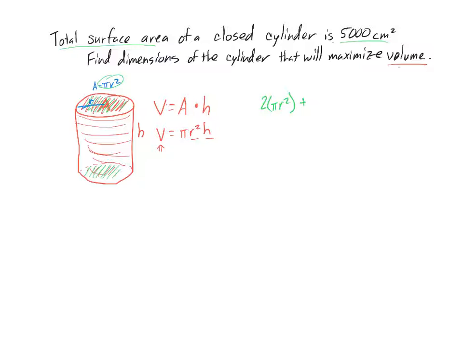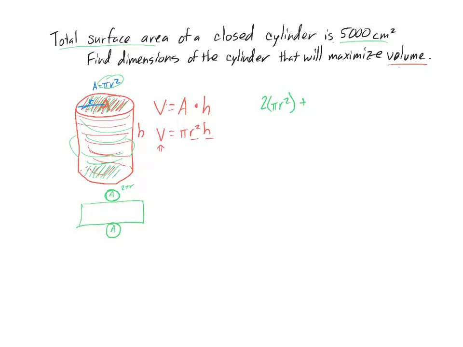That's going to be added to the area of the part going around. Now, the area of the part going around is actually just a rectangle. Remember when we did nets earlier in the year? It's two circles, which we've got those two areas already, and then a rectangle that's been wrapped around the cylinder. The length of that is the same as how far it is around one of those circles, which is the circumference of a circle, 2 pi r.